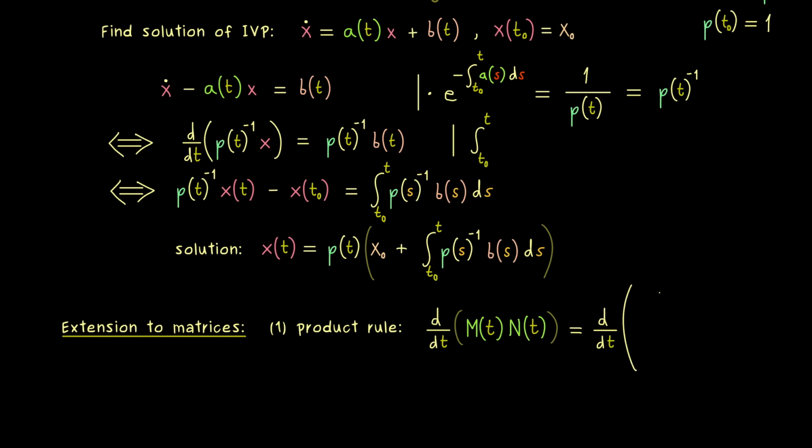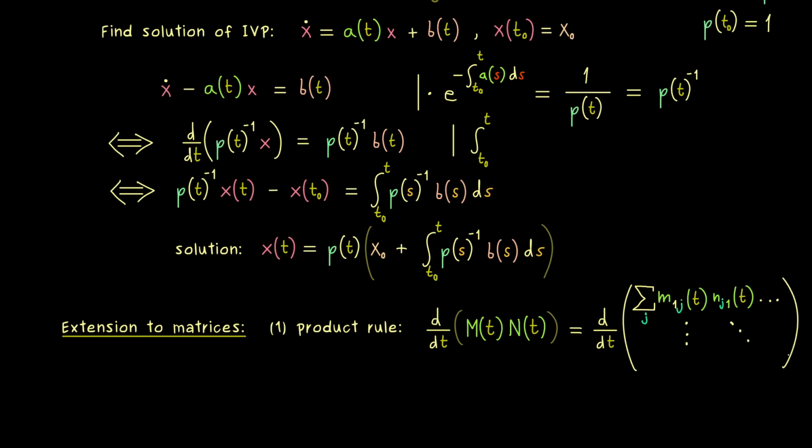So you could say everything happens in each component separately anyway. So for example, here in the top left corner, we would have m1j of t times nj1 of t. And then the matrix product tells us that we have to sum up these components over j. And then I don't have to write down more components because everything looks very similar to that.